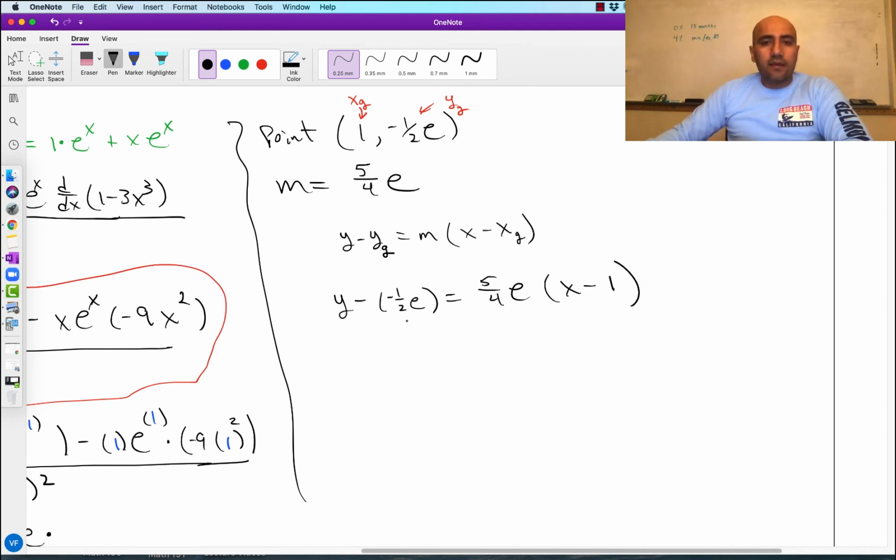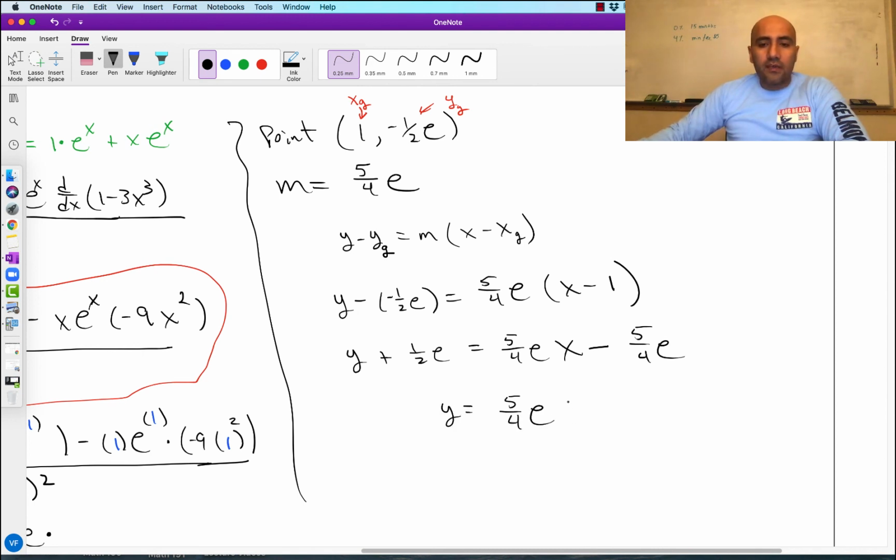Okay, so plugging in our y, plugging in our x, now we just distribute, combine, simplify, and solve for y. We get y plus 1/2 e equals, multiplying these two, 5/4 e times x minus 5/4 e. Bringing this over to the other side, we get y equals 5/4 e x minus 5/4 e minus 1/2 e.